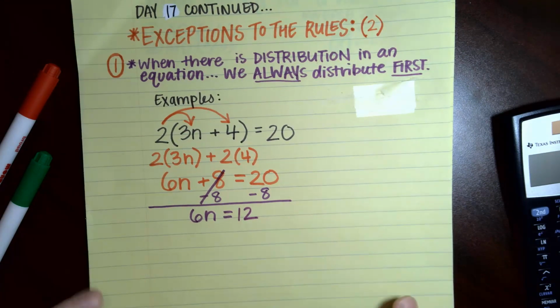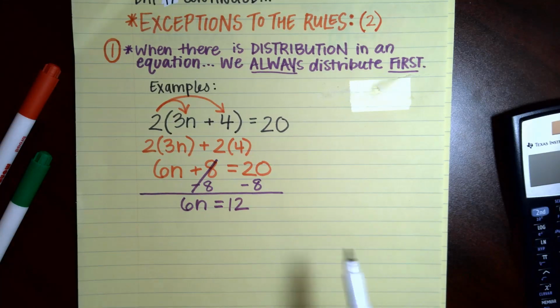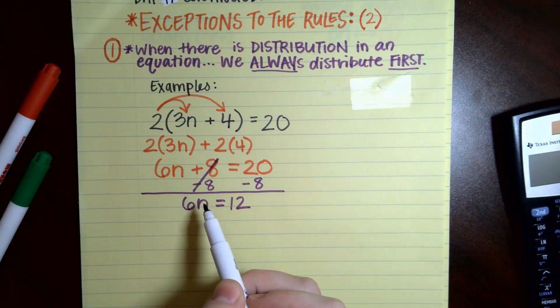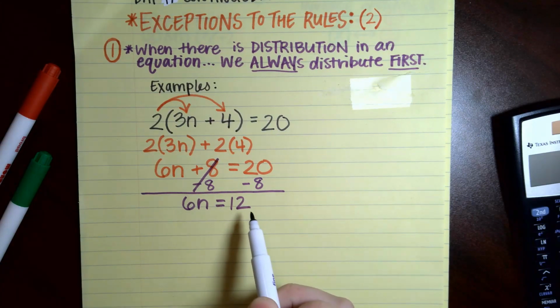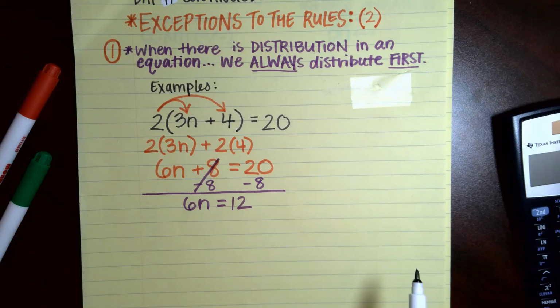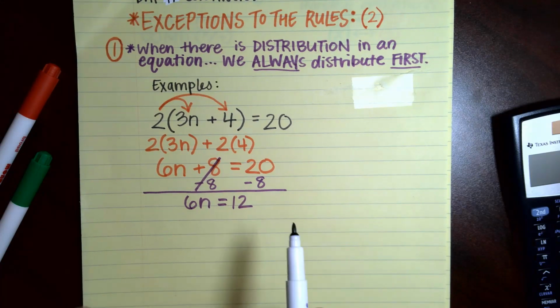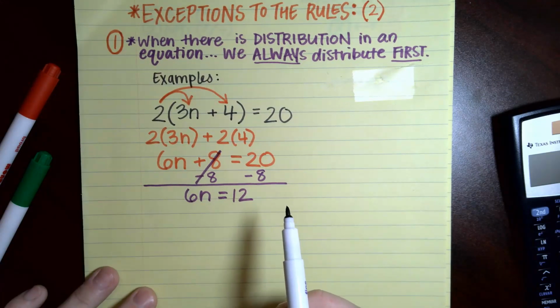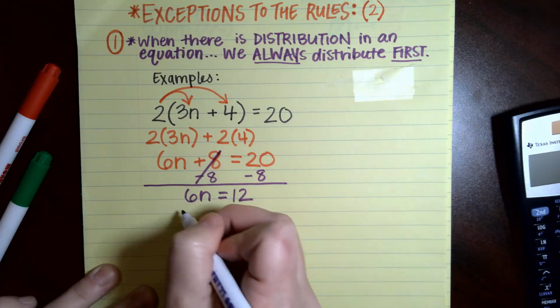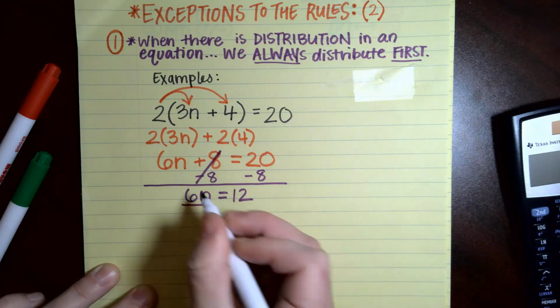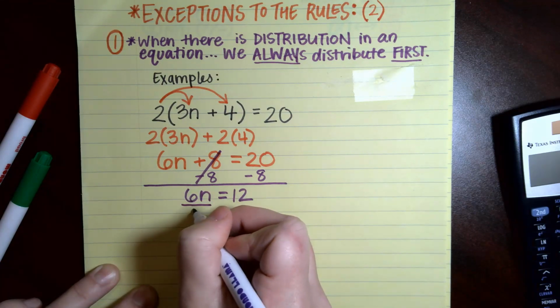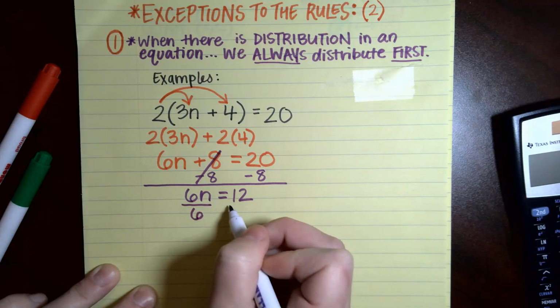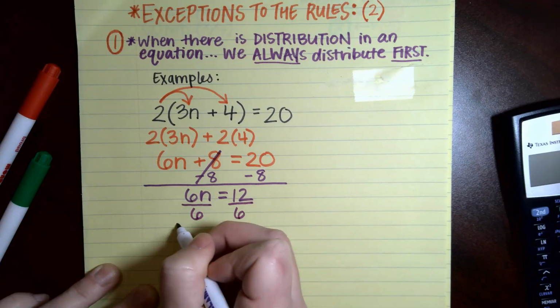All right, now we have one final step here. I have 6 times n equals 12. What should I do to get rid of 6 and to get n by itself? Yes, I want to divide by 6. I've got a multiplication problem here. So to get rid of it, we're going to divide on both sides. Yes, ma'am.